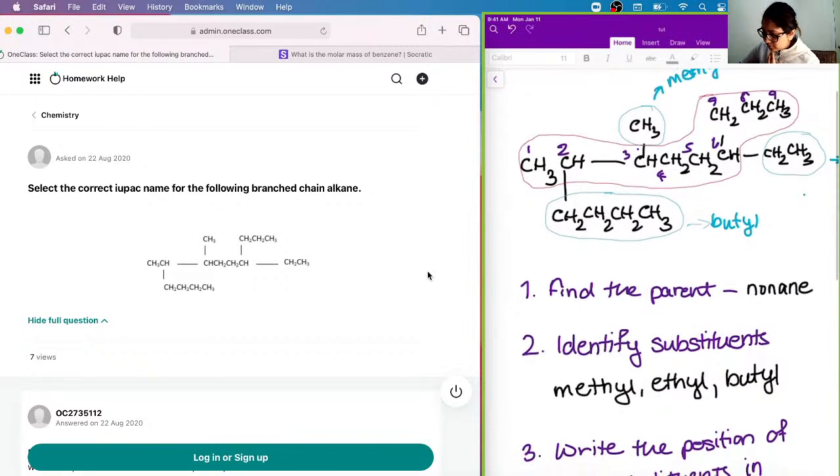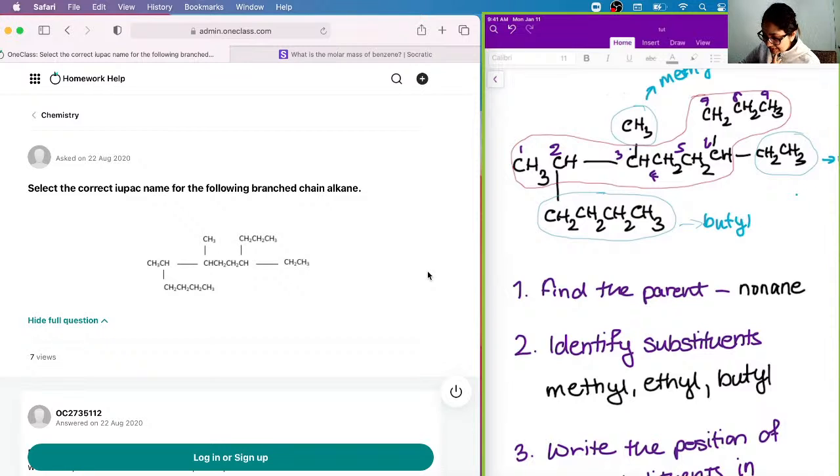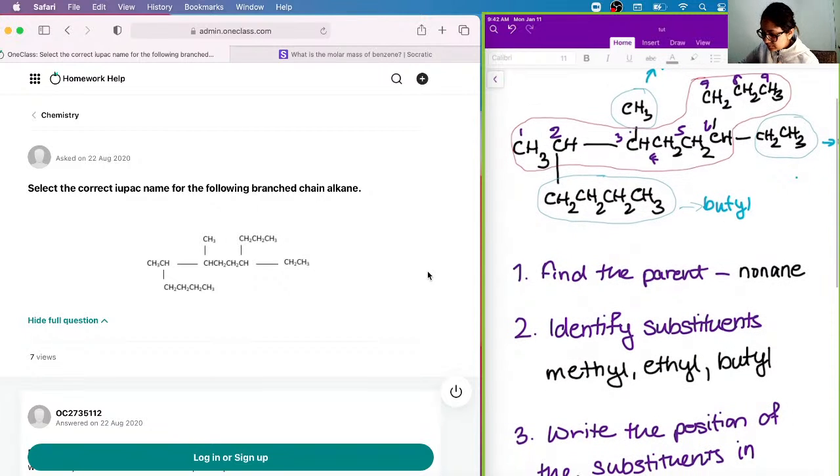One reason why I didn't go from the opposite side is because we want our substituents to be on the lower number of carbons. If you went this way, our 9 would be 1, and our substituents would be on a higher number of carbon. In usual cases, we don't want to write our substituents on a high number of carbon, if that makes sense. So this is why I numbered it this way.